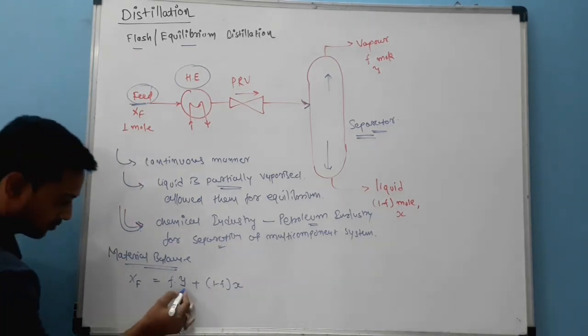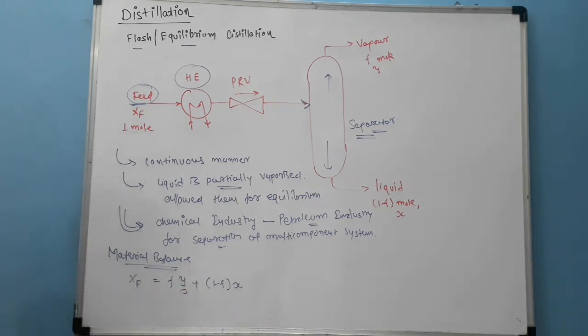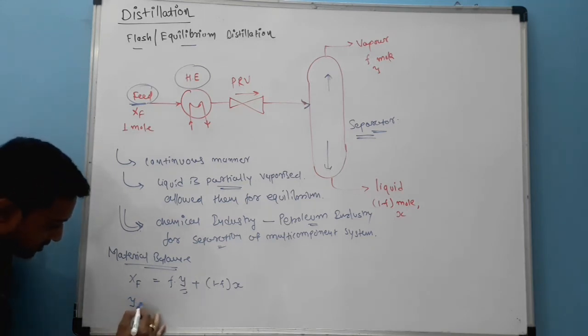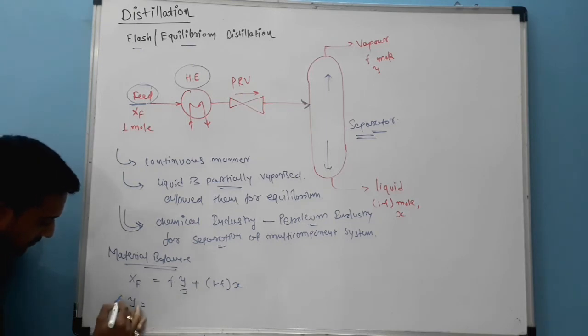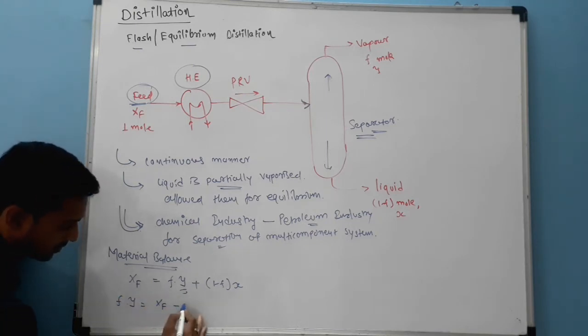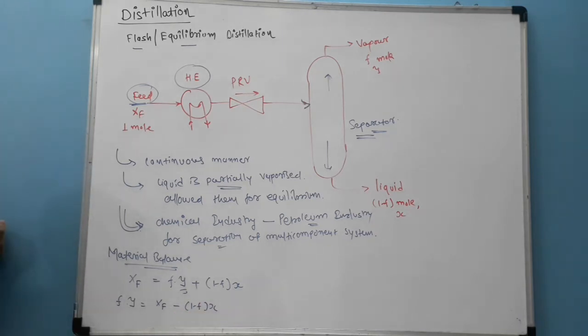Put Y alone and take the rest of the parameters to the left hand side. So F into Y is equal to XF minus 1 minus F X.